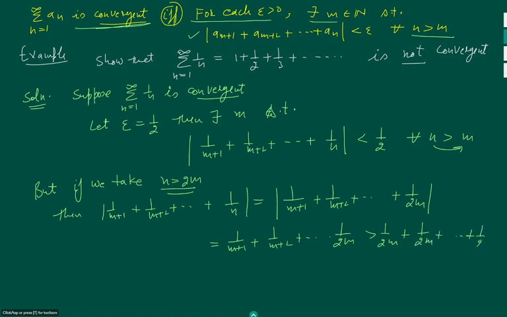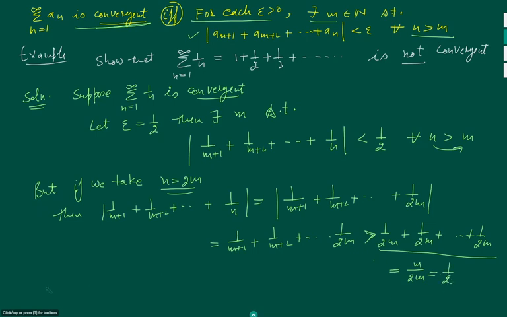Every time this is greater than that, and this portion is equal to m over 2m, which is equal to 1 by 2.